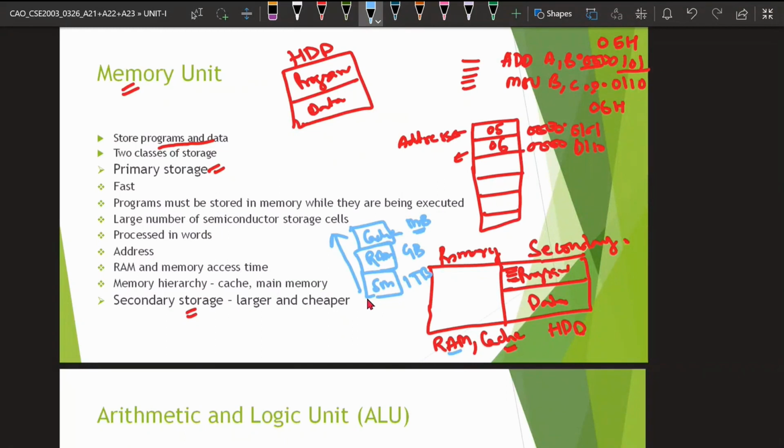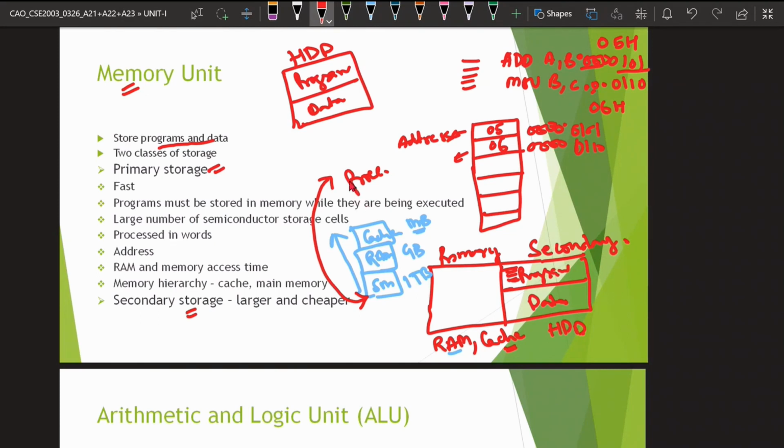If we consider the speed difference between the processor and secondary memory, the hard disk and the processor speed, it will be a very high variation. To reduce that gap, we have the RAM and the cache.